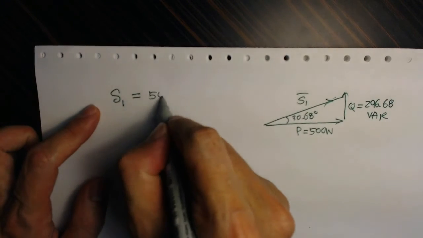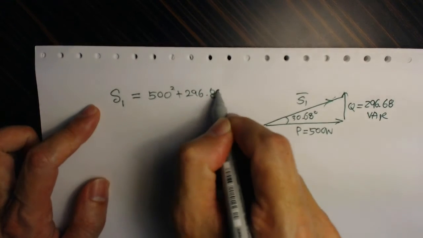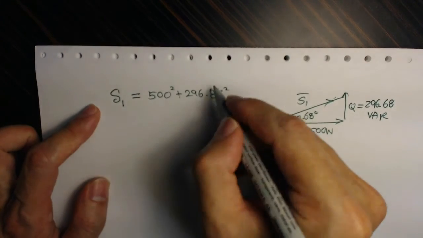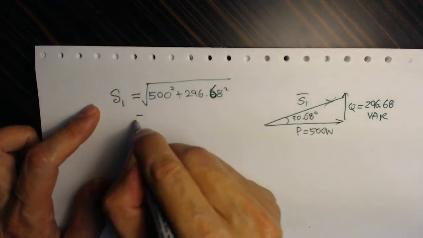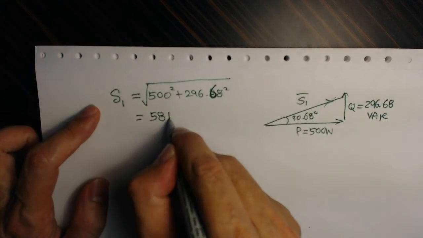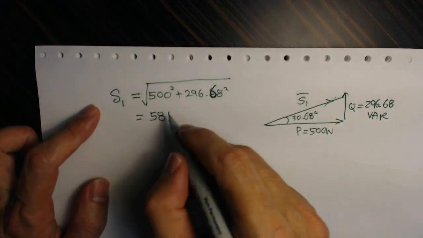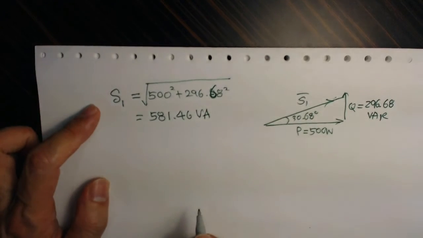So I can just say 500 square plus 296.68 square, the whole thing square root using Pythagoras theorem. So the new apparent power now is 581.46 VA. It has dropped, right?